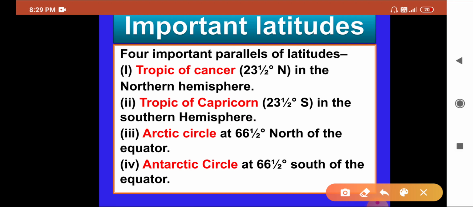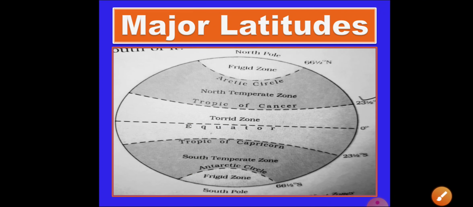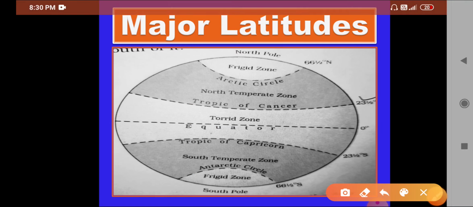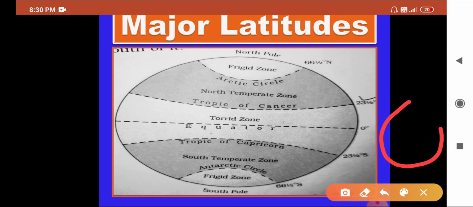Just a minute, let me show you this zone back. When we see that if the sun is here, this zone is receiving direct heat of the sun. That's why it experiences maximum heat. Maximum amount of heat is received by this zone only.